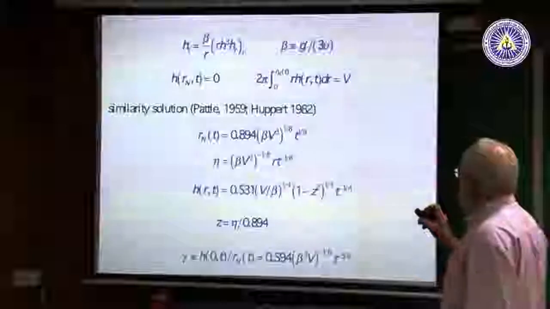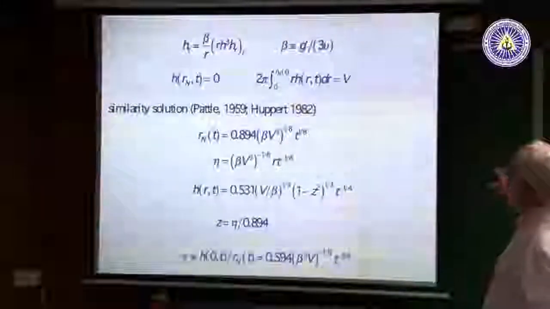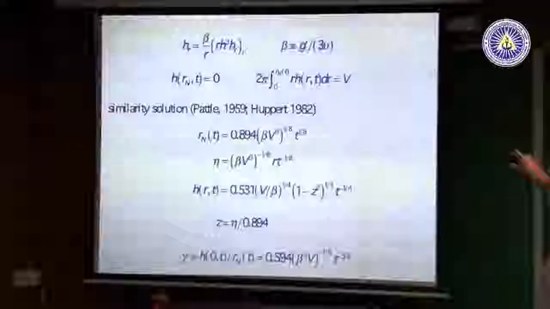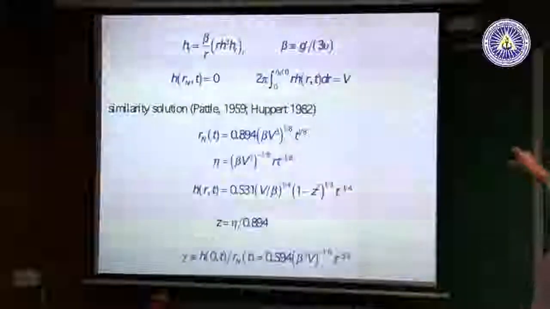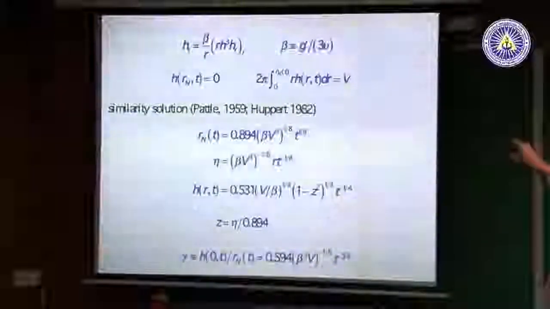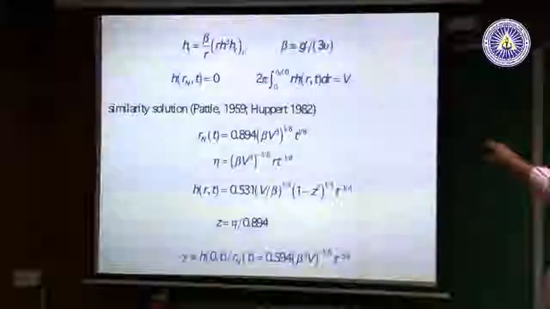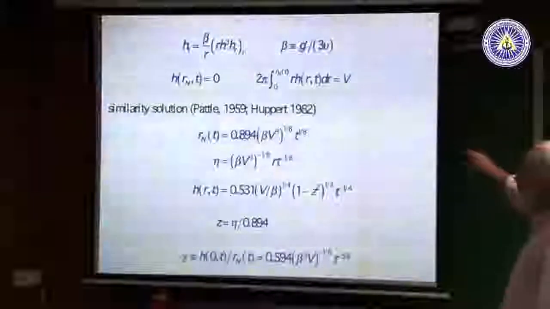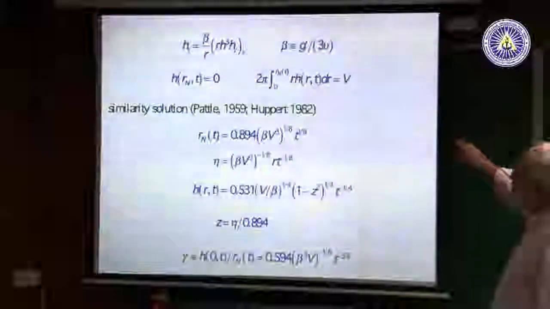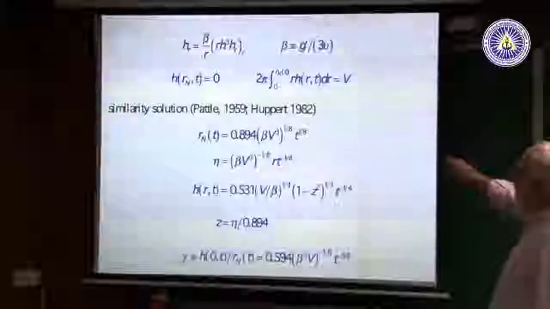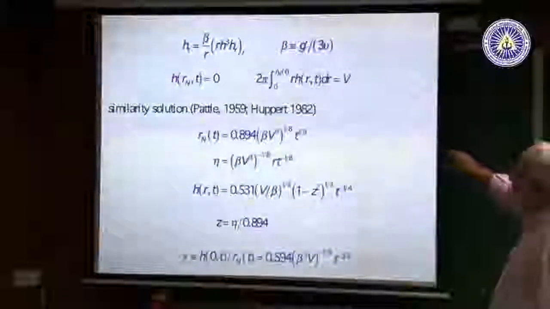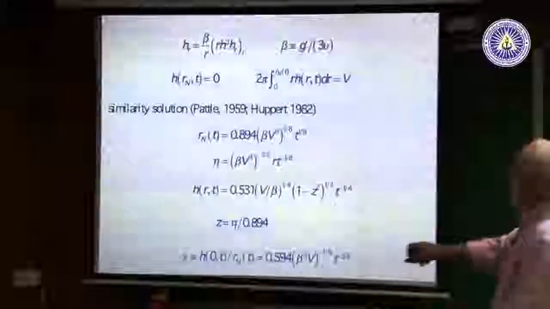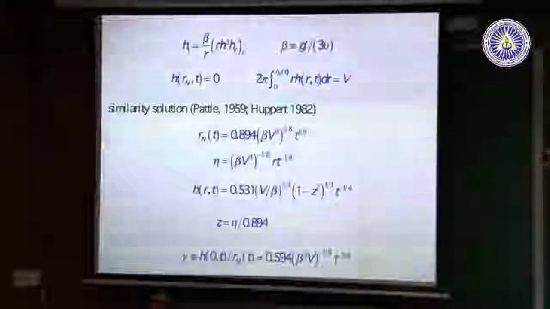Here I've written it down again in terms of beta, because it's g prime, really g if there's air on top, but there could be some other fluid there, over 3 nu. So there's one parameter here, r and t, nonlinear because it's h cubed dh/dr. The height is equal to 0 at the front, and the conservation of volume is here.